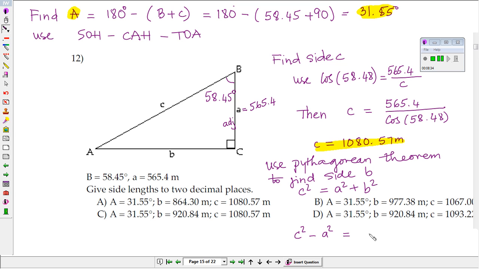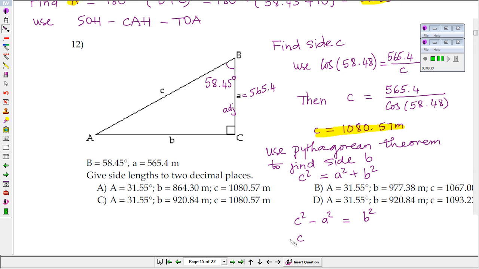Then C squared minus A squared equals B squared. Then we take the square root of both sides, so the square root of C squared minus A squared is B. Then we substitute our C for 1080.57 squared.